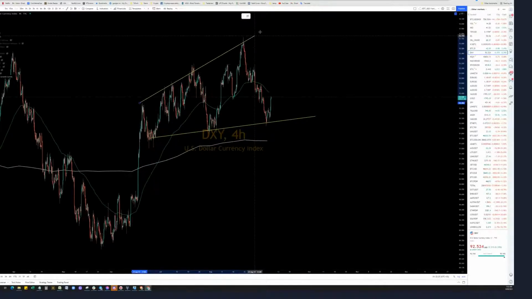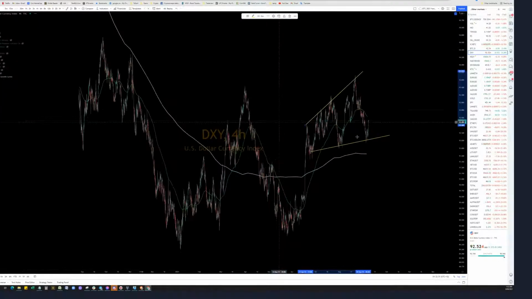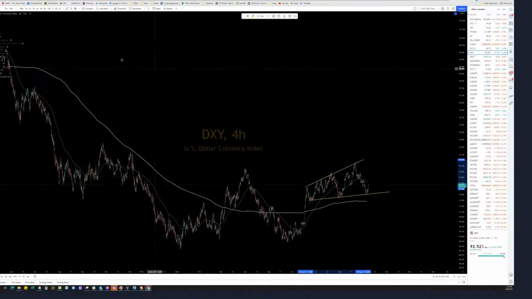This is an expanding wedge. Now, is this a top formation? I think so. So even though we've got a bounce there, I don't think... actually, yeah, so if we count it, it might come up to this level here.